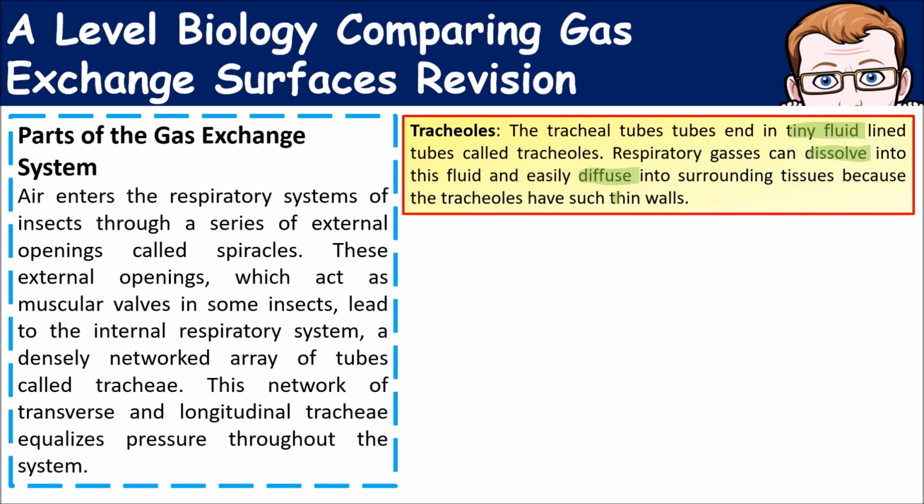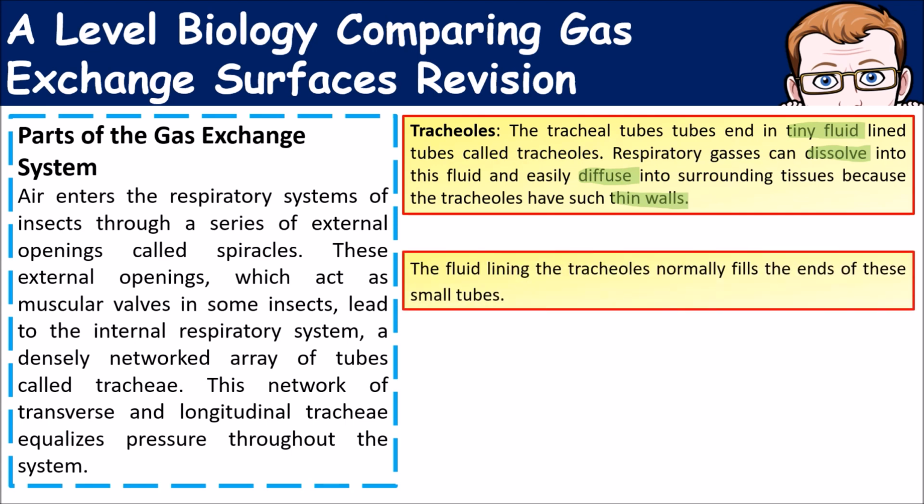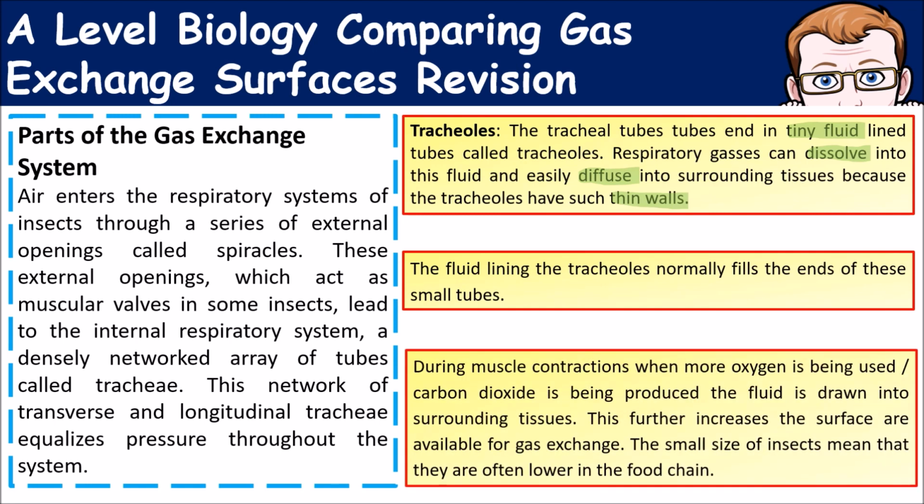They've got thin walls to decrease that diffusion distance. The fluid lining the tracheoles normally fills the ends of these small tubes. During muscular contractions, when more oxygen is being used and more carbon dioxide is being produced, the fluid is drawn into the surrounding tissues. This further helps increase the surface area for gas exchange to take place.